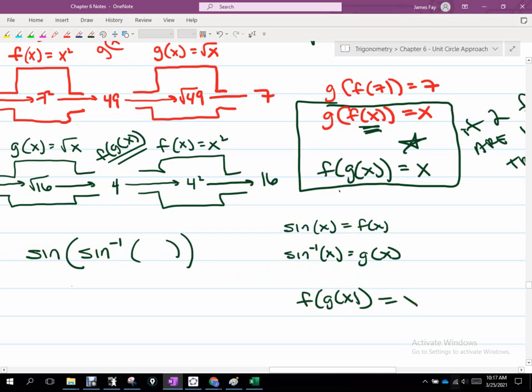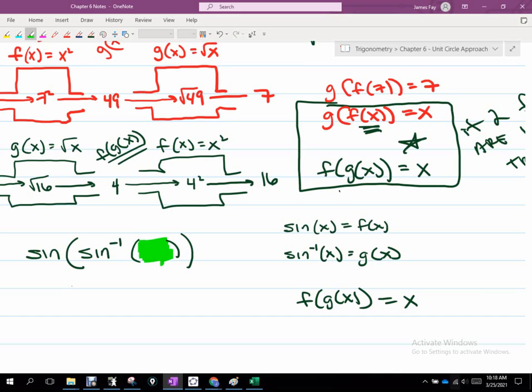Okay, so I should get x back, but I only get x back for the values in which the sine inverse is defined for. So what numbers am I allowed to put in that green set of parentheses there? So the sine inverse. Where is the sine inverse defined for on the x-axis? -1 to 1.